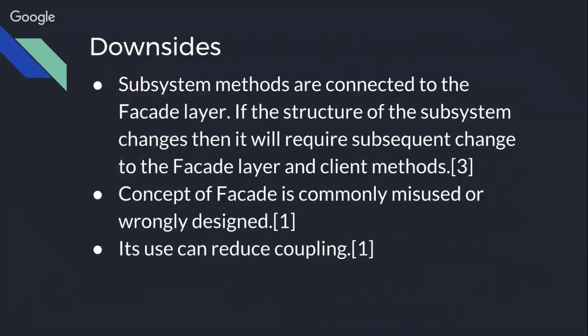Say you're using an API and the company that produced the API decides to change some of the methods, then you're going to have to go to your facade layer and change all of that code to update it with the current subsystem. Also, you'll have to update your client methods that are calling all the different facade layer methods. So it could get kind of complicated in that aspect.